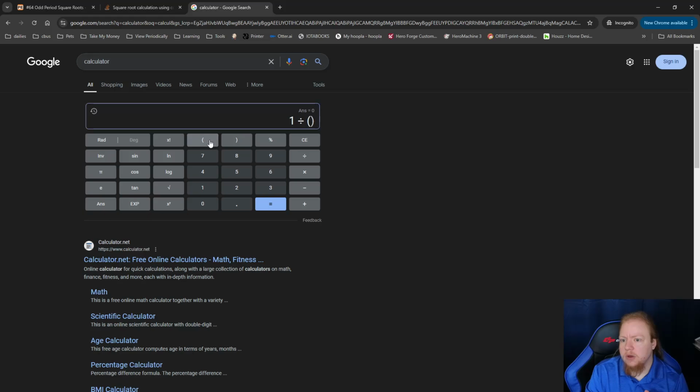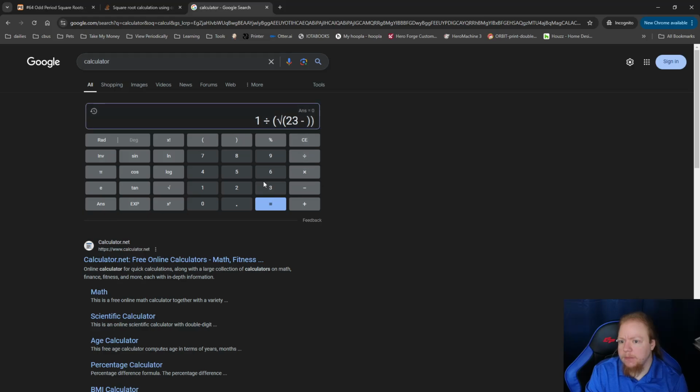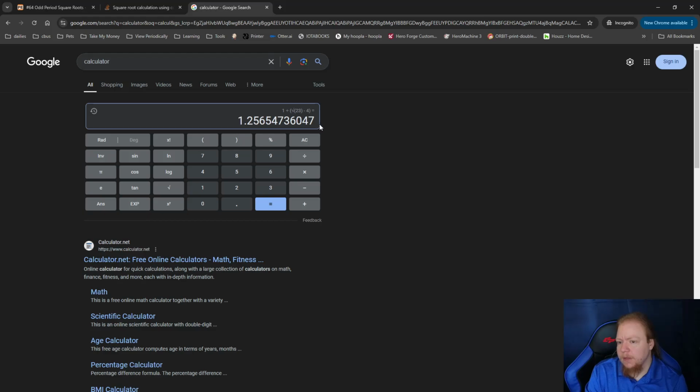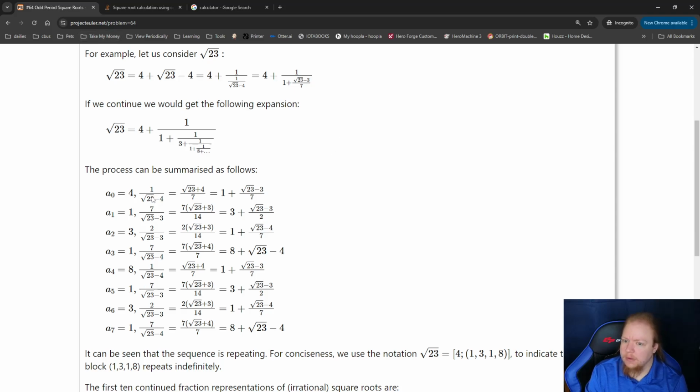So 1 divided by square root of 23. Nope. Where does the 7 come from?